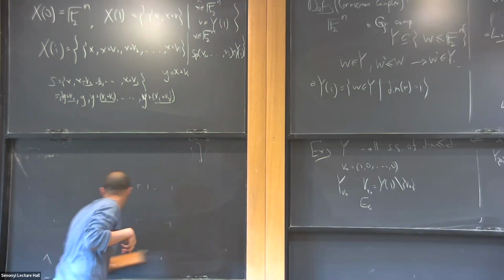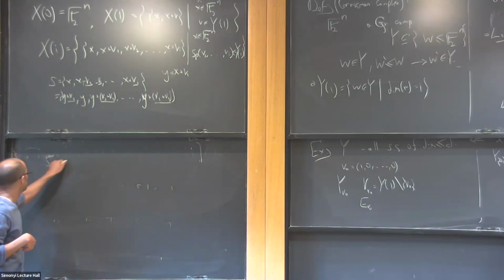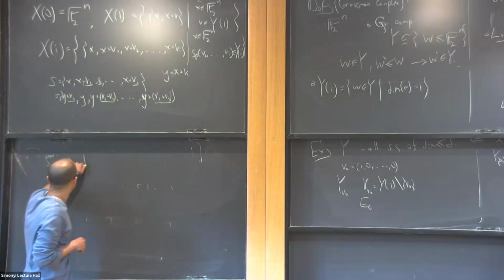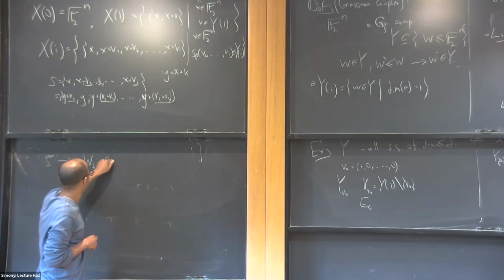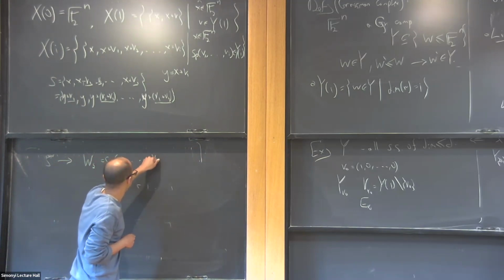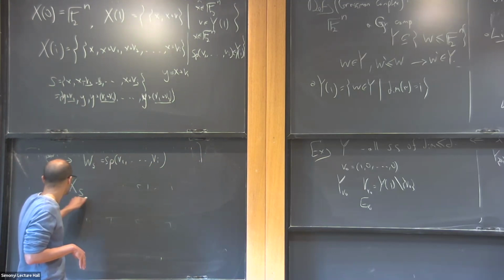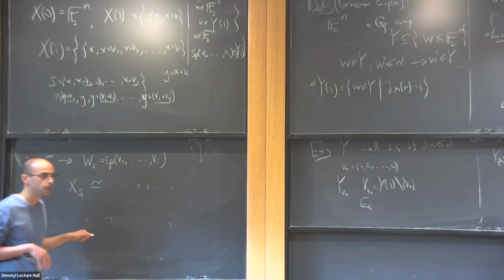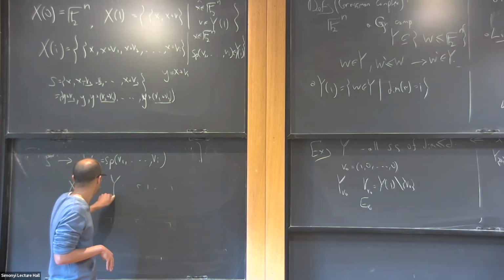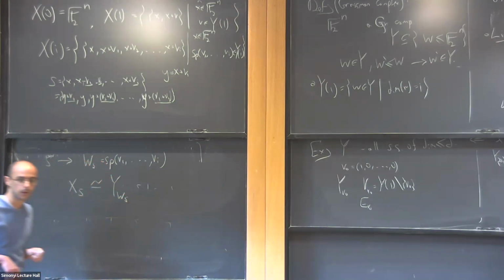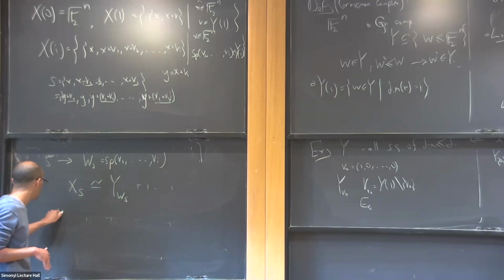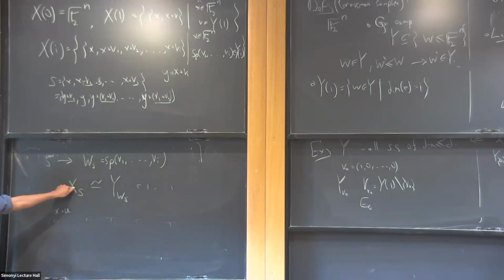All I'm saying is that given S, the space WS is well defined: the span of the basis of the space that we use to construct this set S. And it's an observation that the link of X at point S is going to be the link of Y at point WS. For example, when do I have some X plus U that's inside here?